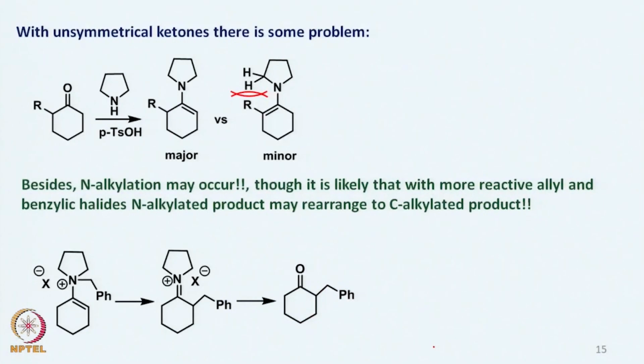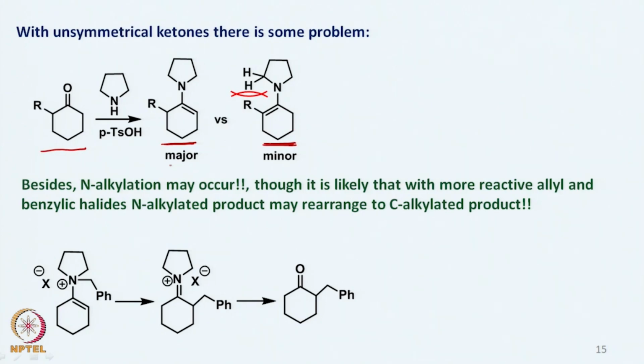At the same time, with unsymmetrical ketones also there is a little problem. Suppose we start with an unsymmetrical ketone like this, and we make the enamine by reacting with pyrrolidine and paratoluene sulfonic acid, and we expect to get either of two enamines, because it is an unsymmetrical ketone. The enamine could form on this side or on this side.